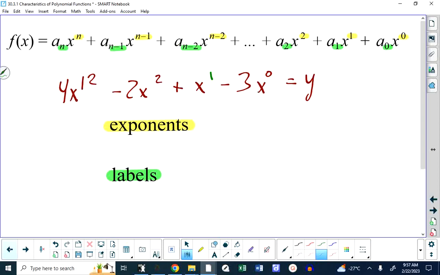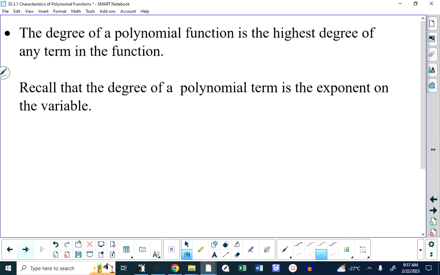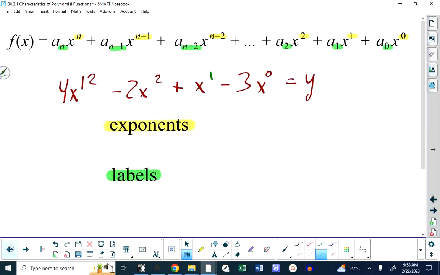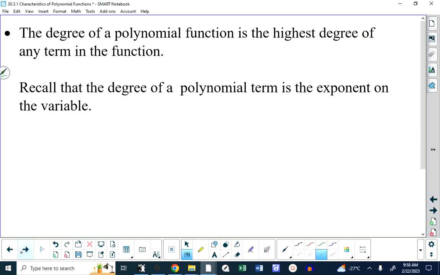Those are degrees. And what I'm telling you is the degree of a polynomial function is the highest degree, which means this is a degree 12 polynomial function. Okay? It doesn't matter what else is there. The highest degree rules the roost.